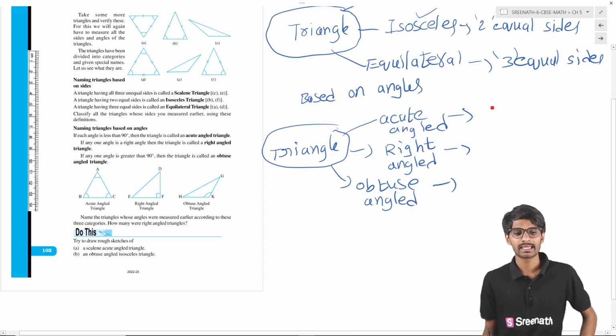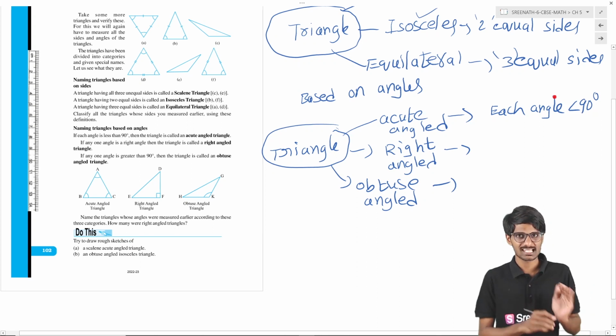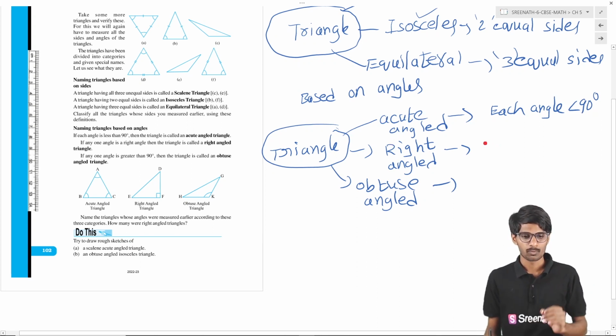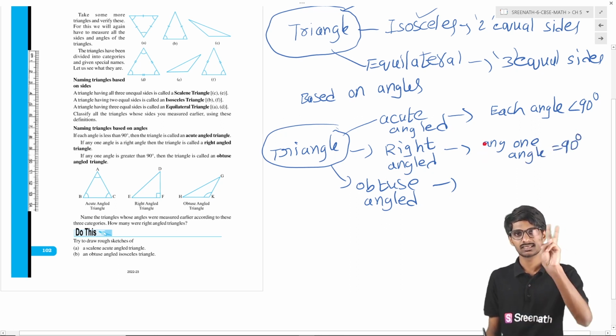If each angle is less than 90 degrees, we say the triangle is an acute angled triangle. Suppose any one angle is equal to 90 degrees. In a triangle, there are three angles.